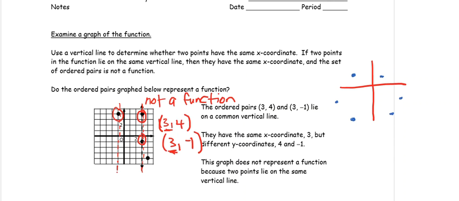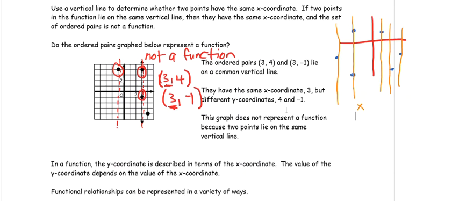If you look at all of these over here, you have various points. You draw a vertical line here, you draw a vertical line here, you draw a vertical line here, you draw a vertical. All of these pass a vertical line test. However, if you have one vertical line and that fails, it makes it not a function. All you need is one case. Okay, that's the vertical line test.